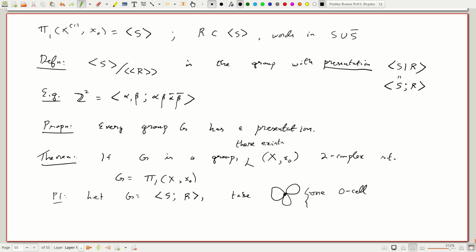Last time I had said vertex, one edge. These are called cells, by the way, that we attach. So one edge, that is 1 cell for each S in S. And then for each R in R, you attach a 2 cell.